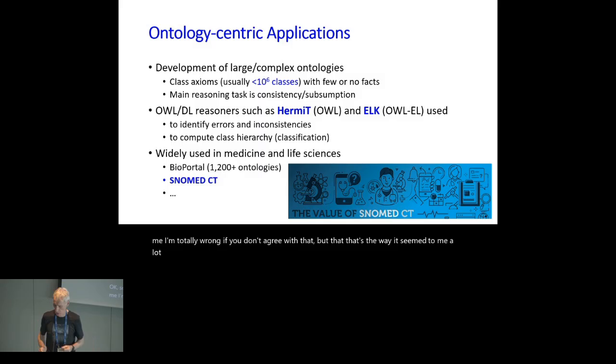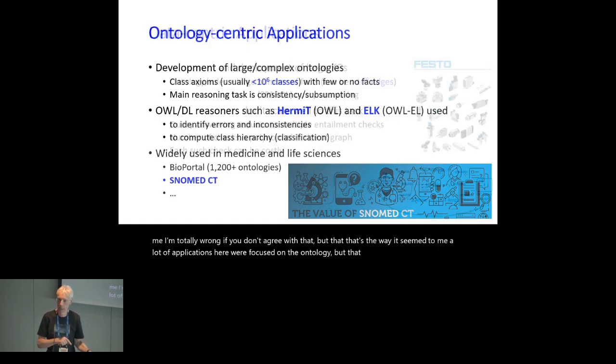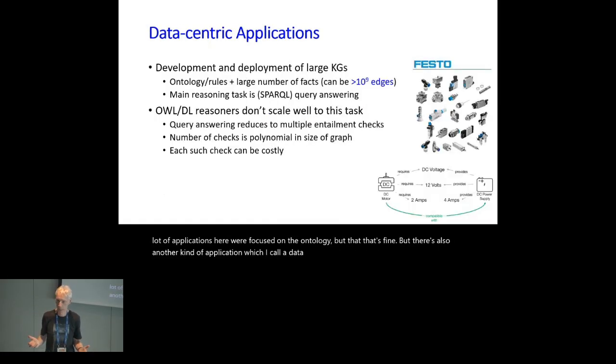A lot of applications here were focused on the ontology, but that's fine. But there's also another kind of application, which I'd call a data-centric application, where we're mainly interested in query answering over a very large data set. Some of the examples I have come more from industry.